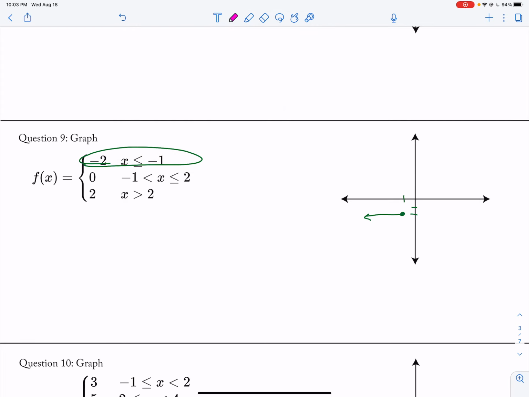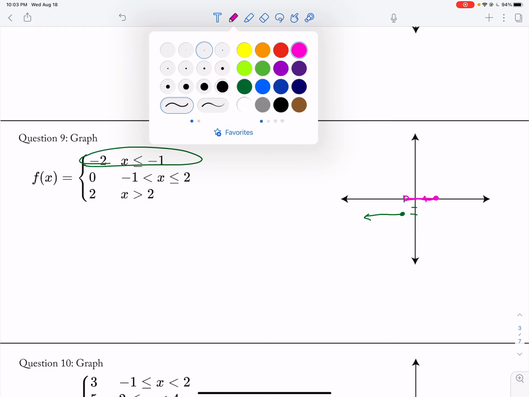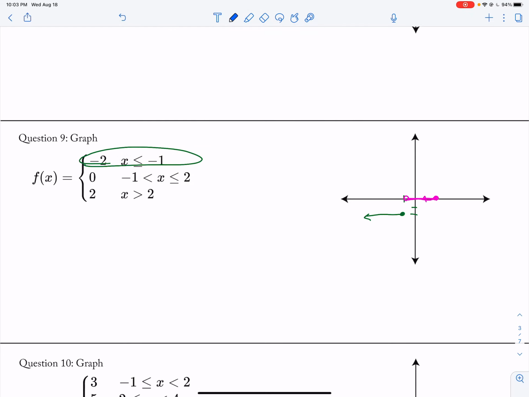And then I'm at 0 from -1 to 2. And then I'm at 2 when I'm bigger than 2. So I look something like that. Okay? All right, moving right along.